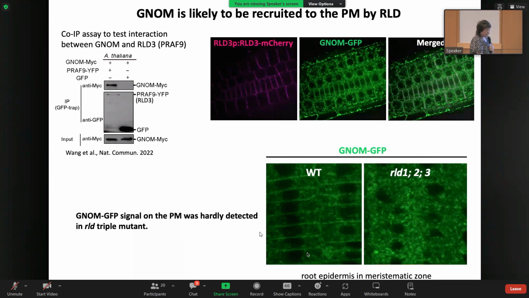Recently we found that GNOM-GFP on the plasma membrane became almost undetectable in the RLD1, 2, 3 triple mutant background. These are rather preliminary data, but GNOM might be recruited to the plasma membrane by RLD function.